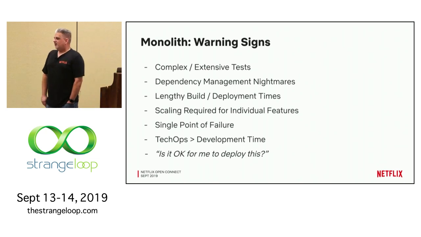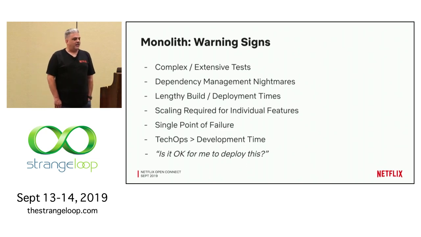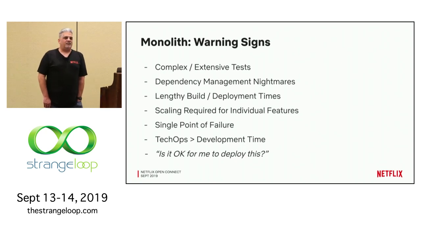However, if you deal with one of these things long enough, you might start to notice some warning signs. A couple I will call out specifically. Scaling required for individual features is a very interesting one. Say you have an application that does many different functions: certain CRUD operations, some background jobs running on a scheduler on the server, and a search API delivering filtered search results.